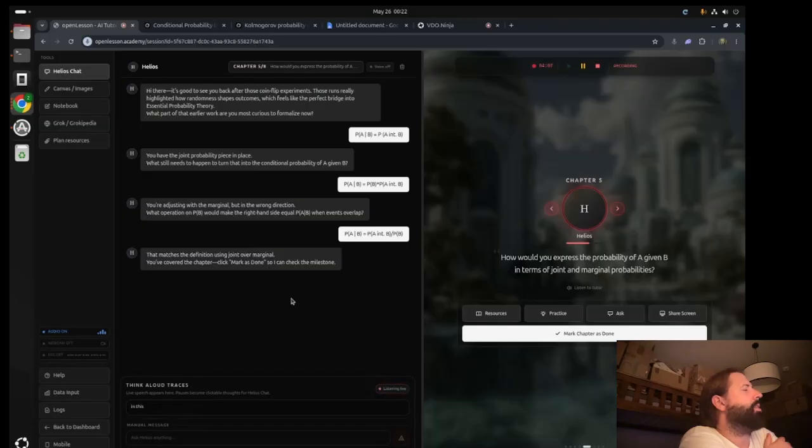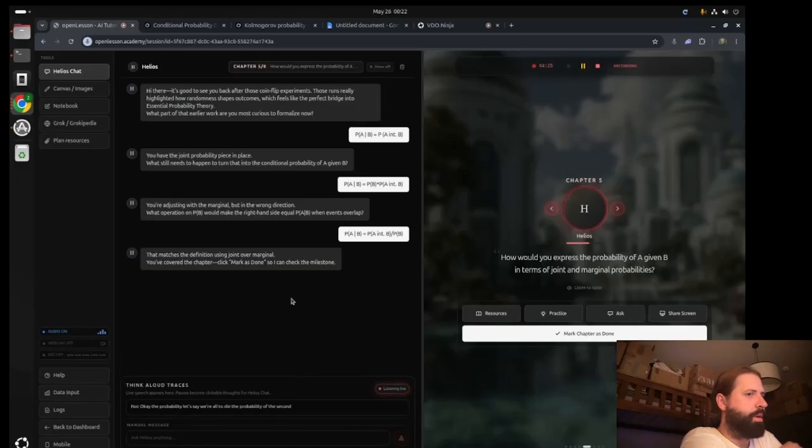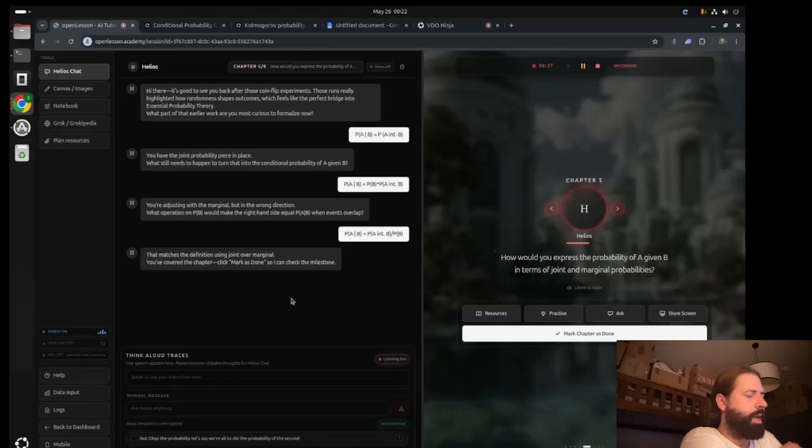In this case, the probability, let's say we roll two dice, the probability of the second die being a 3 given that the first one was a 3.